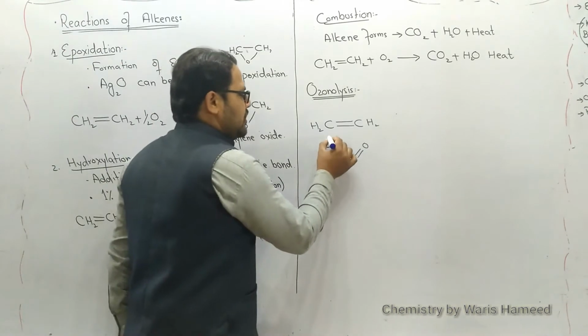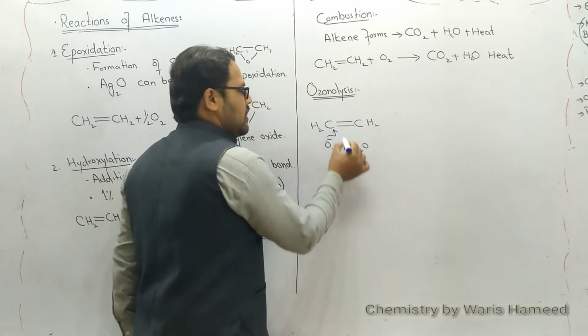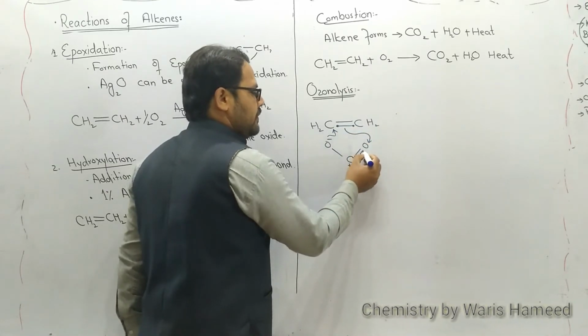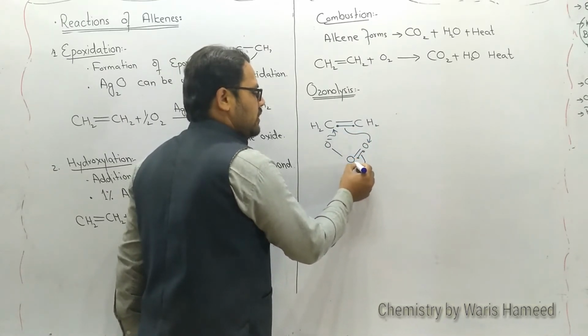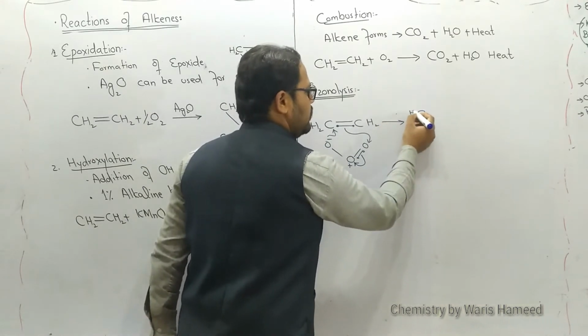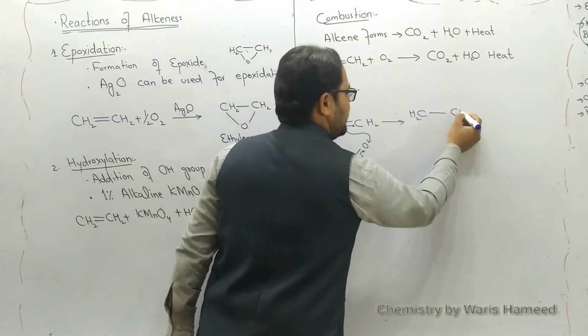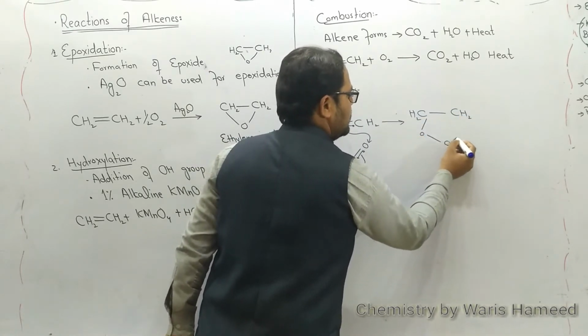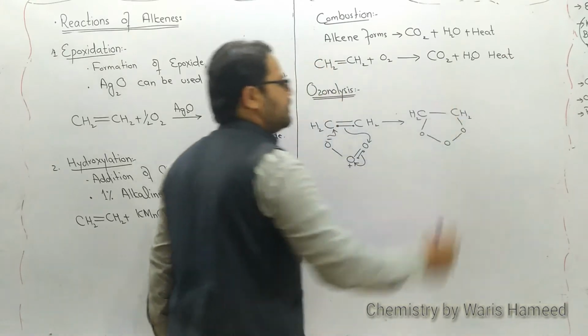This negatively charged oxygen will attack on this carbon, and this pi bond will attack on this oxygen atom. This bond will come toward this oxygen, and it will form CH2 single bond CH2 with oxygen, oxygen, oxygen.